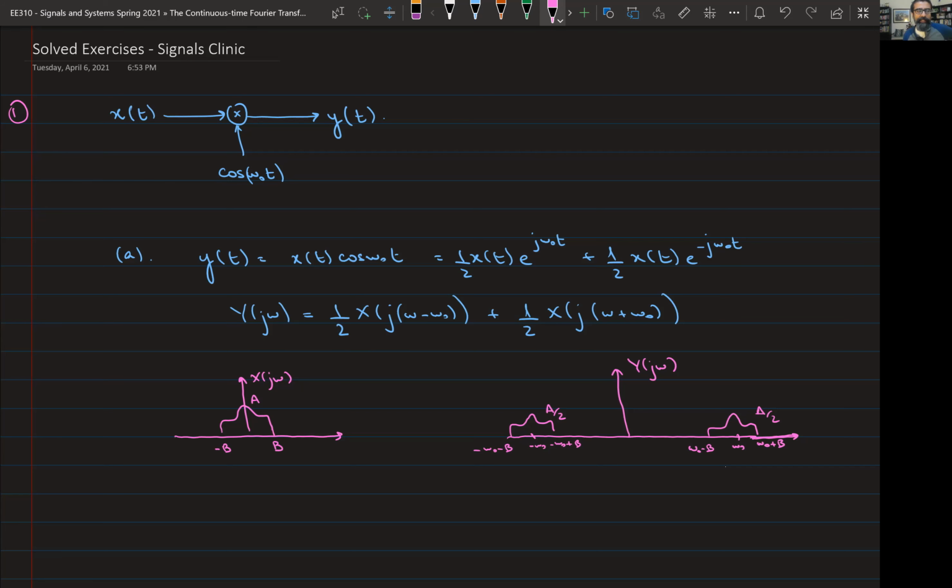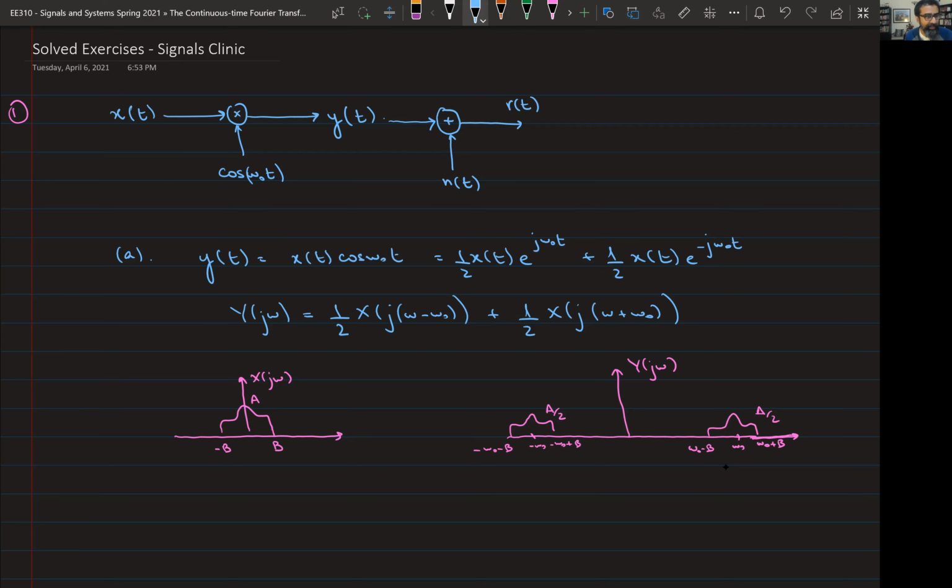The question now is, what do you do? What can you do to be able to recover x from y, right? So actually what happens is, this for example would be radio transmissions or AM transmissions, which would go into the air through a channel, and there will be some noise added to it, which would, let's say, be n of t, and this is what you would receive.